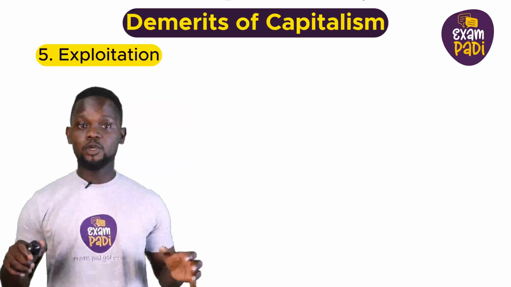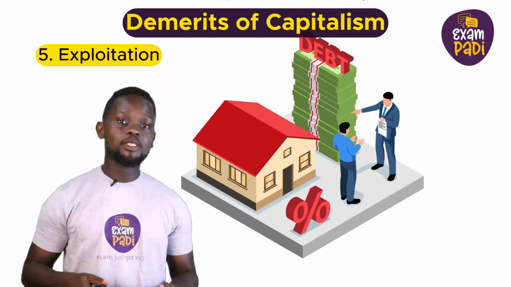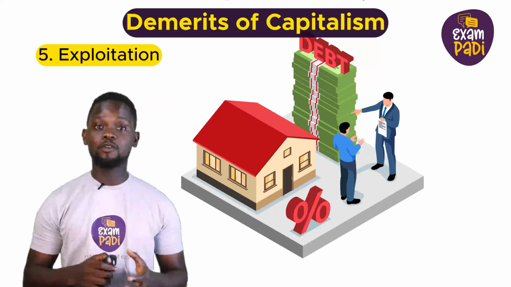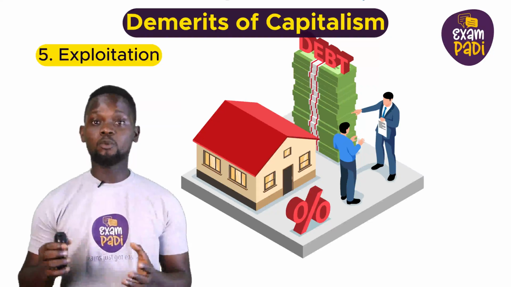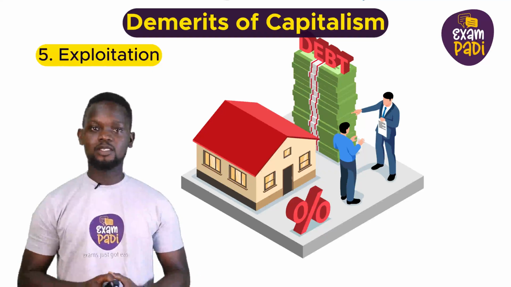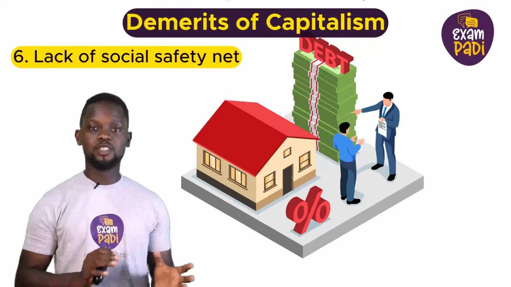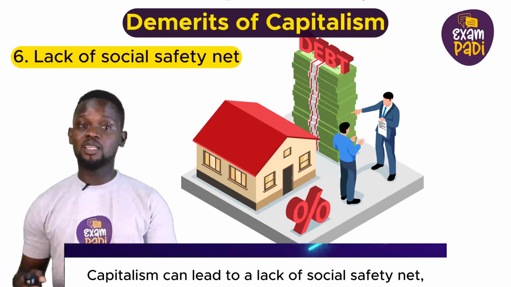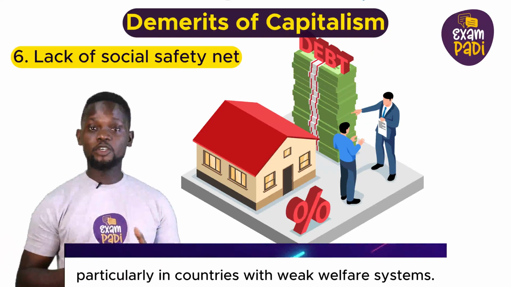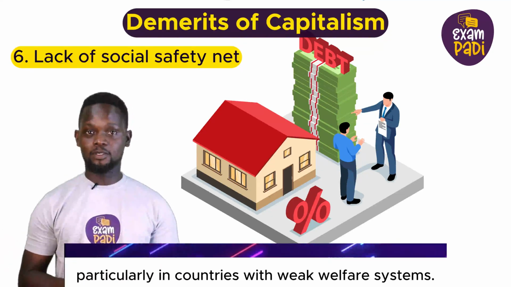5. Exploitation. Capitalism can lead to the exploitation of workers, particularly in developing countries where labor laws are weak and labor standards are not enforced. 6. Lack of social safety nets. Capitalism can lead to a lack of social safety nets, particularly in countries with weak welfare systems.